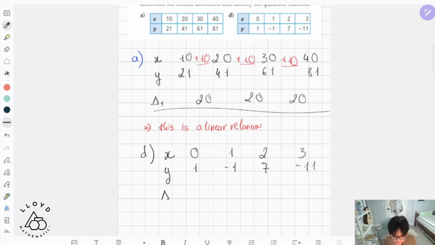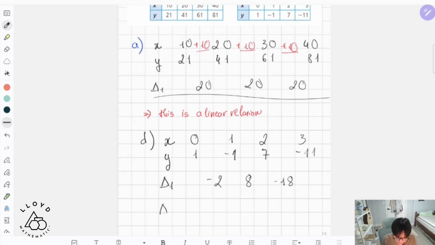We calculate the first differences. So negative 1 minus 1 is equal to negative 2. And 7 minus negative 1 is equal to 8, right? And negative 11 minus 7 is negative 18.